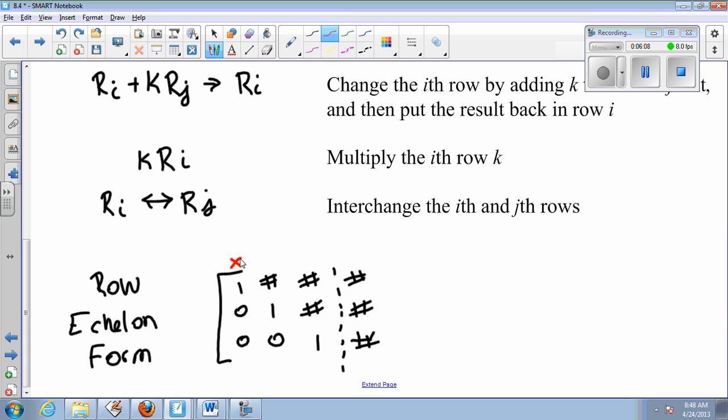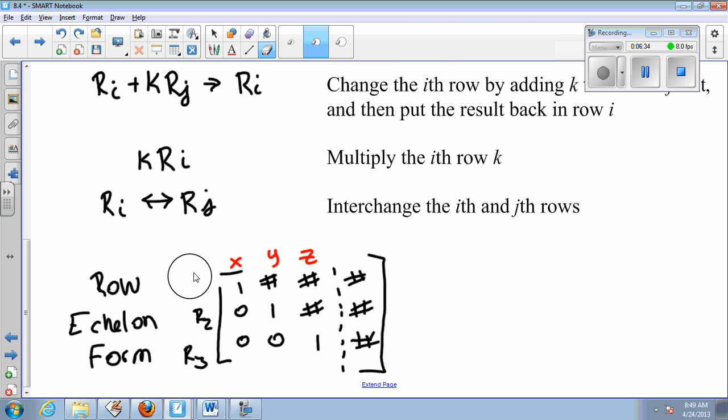So this is like our X, Y, and Z. We have Z to a coefficient of 1, and so it's going to be 1Z equals a number, and then we can plug it back in and find our Y, because we eliminated the X from row 2. And then once we find the Y from row 2, we can plug in our Y and Z, and find X in row 1. So it must have a diagonal of 1s, and then zeros underneath the 1s.